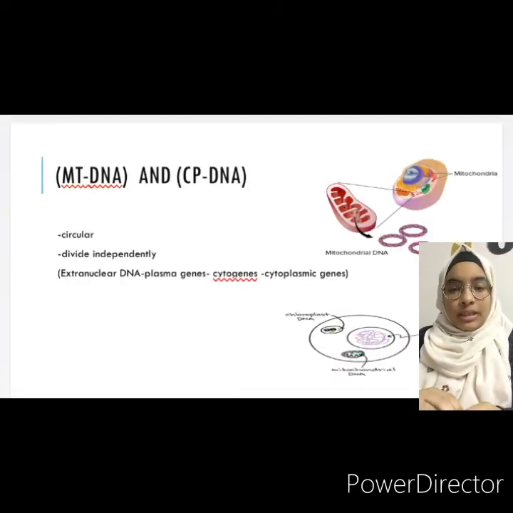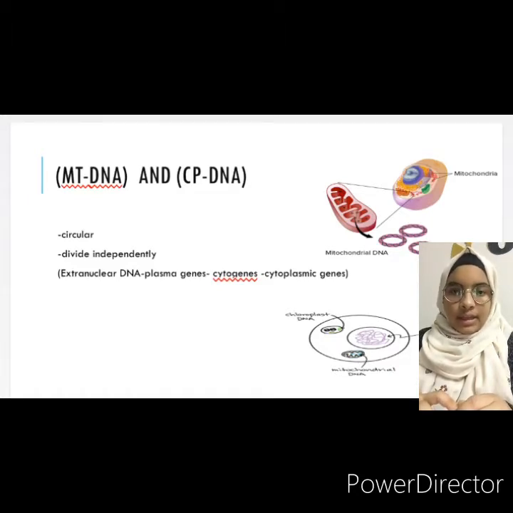The mitochondrial DNA present in humans and animals is very similar to the chloroplast DNA present in the plant cell, as both of them are located outside the nucleus. So they are called extranuclear DNA, cytoplasmic DNA, plasmagenes, and cytogenes.